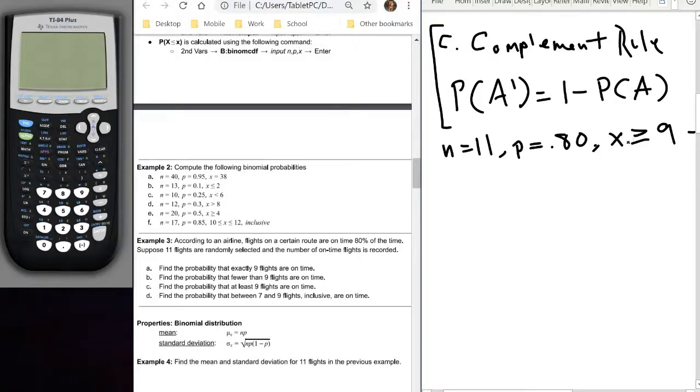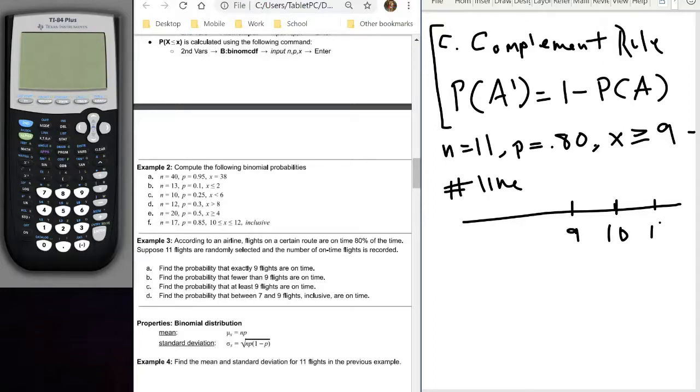But what I want to do first is see what this number line looks like. So let's draw a number line. Let's center around 9. We'll deviate a couple away. There's no strict setup on how to do this, but it's nice to see what's going on around that 9. And we want to see what x greater than or equal to 9 looks like on the number line.